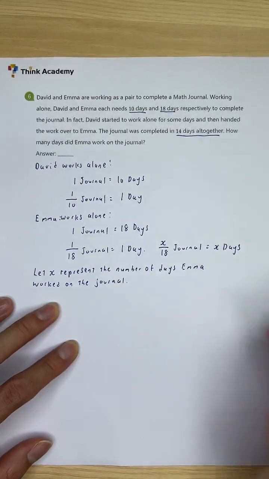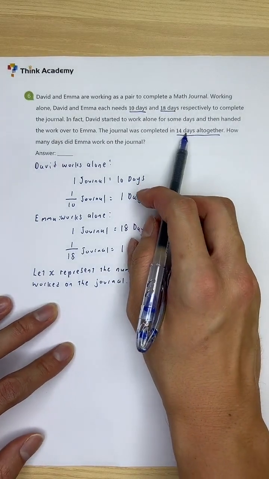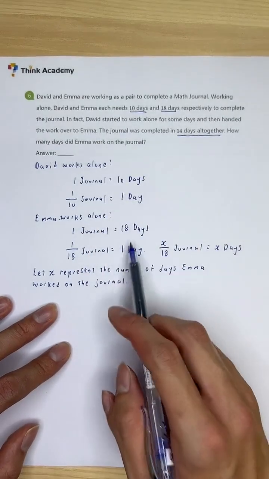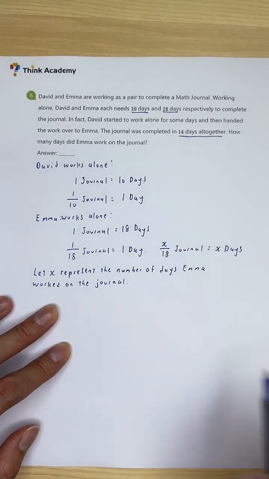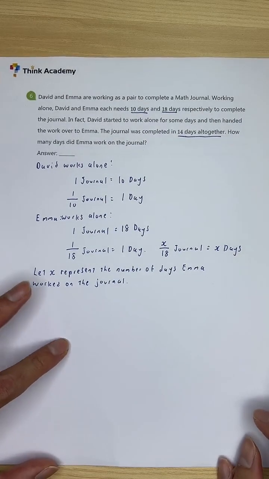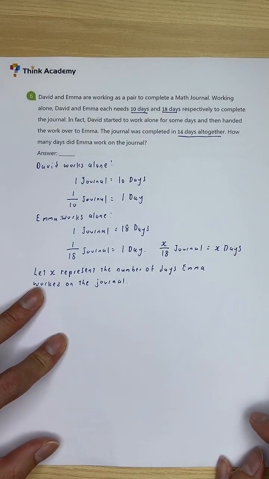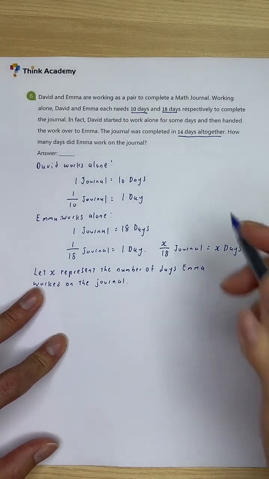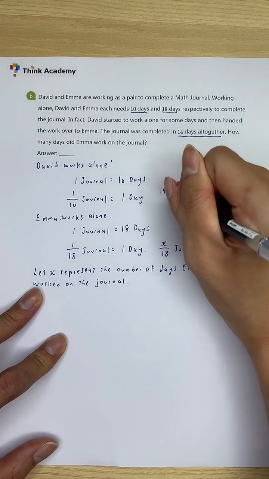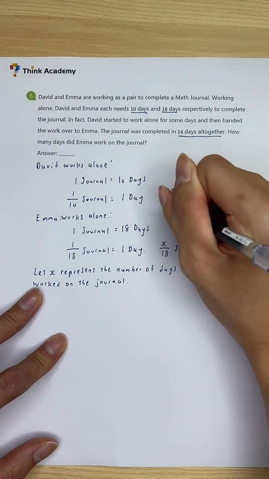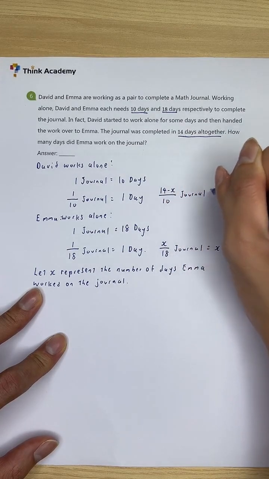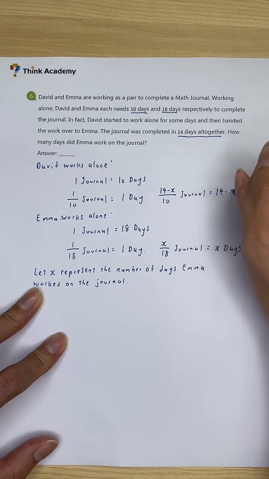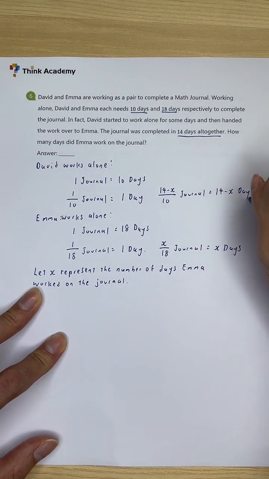Then what about David? Well, they did 14 days altogether. So if Emma worked X days, David is going to work 14 minus X days. So in this case, 14 minus X over 10 of a journal is done in 14 minus X days.